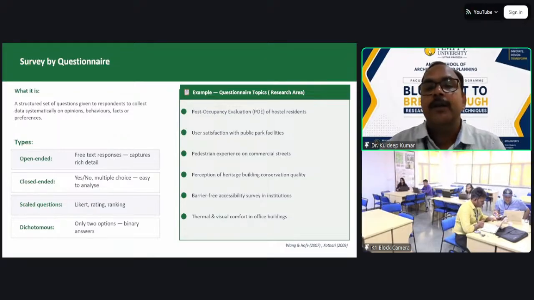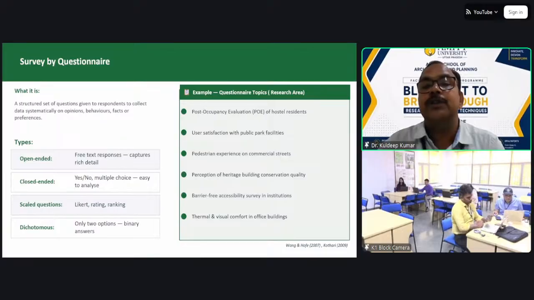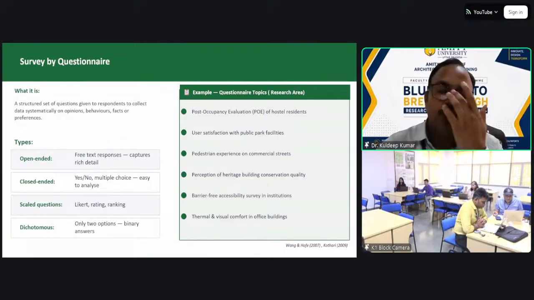For example, what do you like most about this neighborhood? This question will generate rich textual data, but it is harder to analyze statistically. Open-ended questions are best used when you want to capture the diversity of experience and you have a manageable sample size.